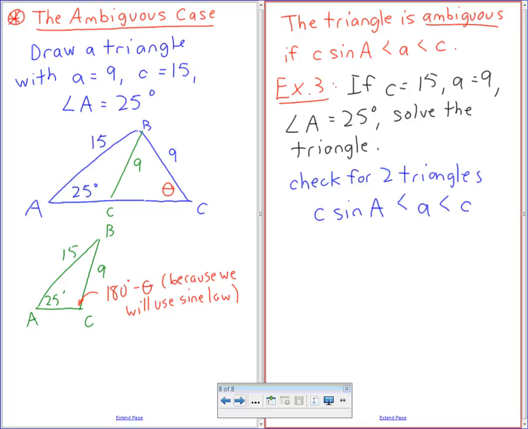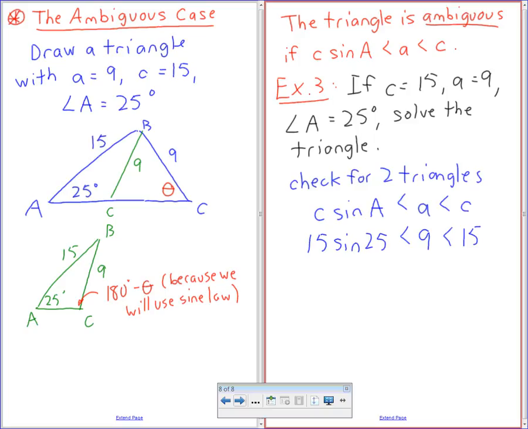Now I know this is difficult. It's a little bit weird. But Hannah, I'd like you to be brave, and I'd like you to sub in what you can. What's C going to be? Angle A is going to be? And then A is going to be 9, and C is 15. Can you be brave, please? Type in your calculator 15 times sine 25.